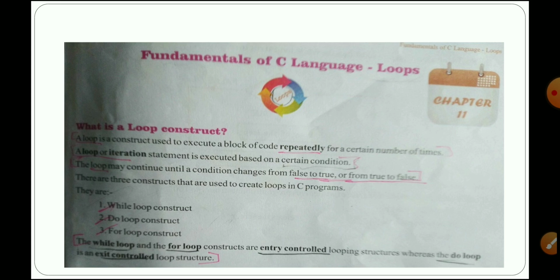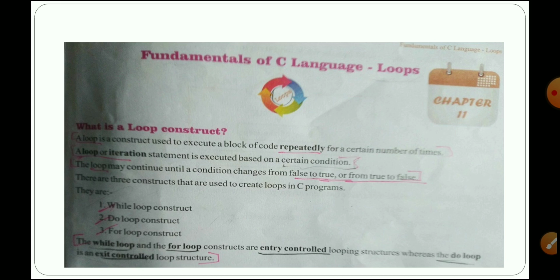That iteration statement is executed based on a certain condition. What is that condition, sir? I already told you: i less than or equal to 10. That is the condition. As we discussed in the first line, some block of code will execute repeatedly a number of times.